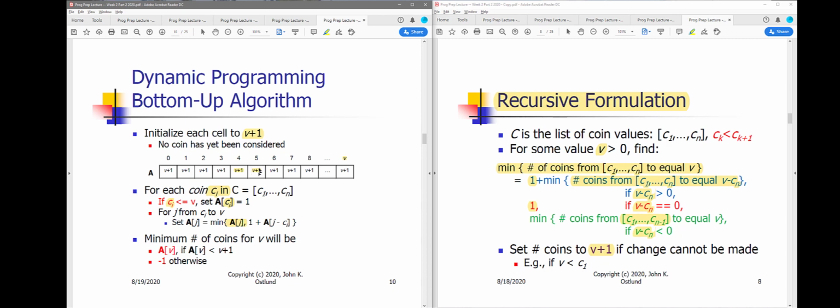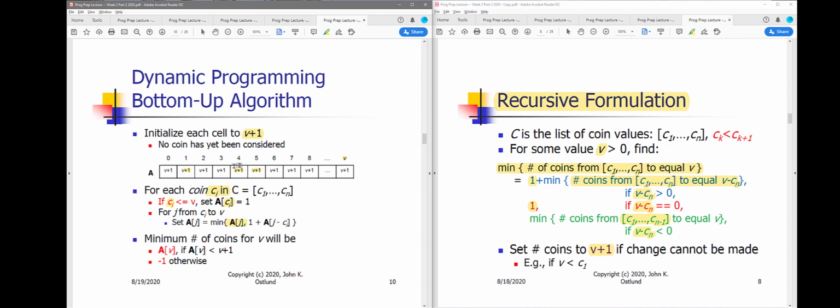So we'll make the new value for the A sub 5 slot equal to the minimum of whatever the lowest value is that we have previously discovered, or 1 plus the value of A sub 5 minus 4 in our specific example.